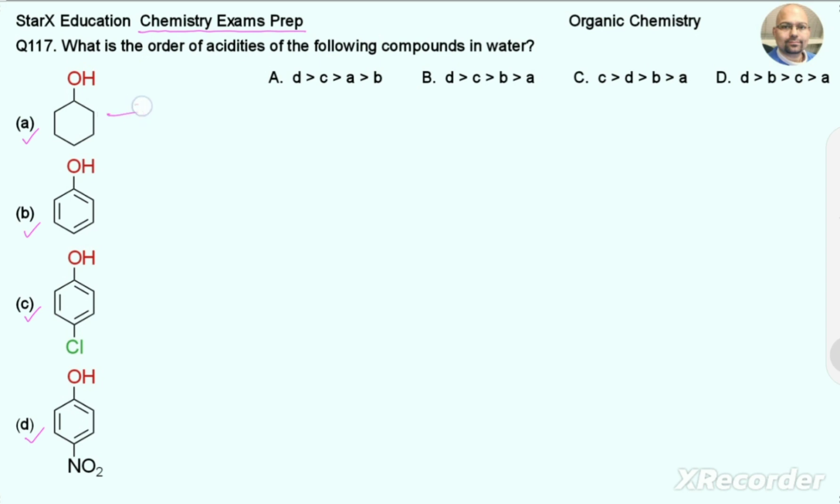So conjugate base is the species that is formed after the removal of the proton from an acid. So once the proton is removed, you form the alkoxide ion in cases of alcohols.